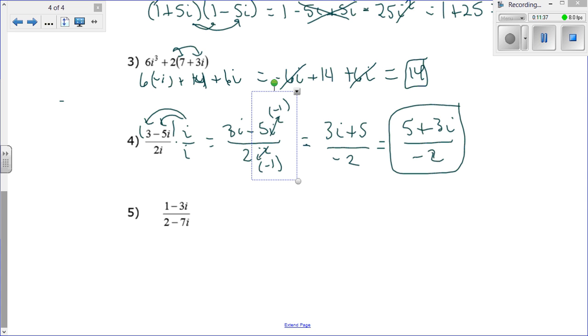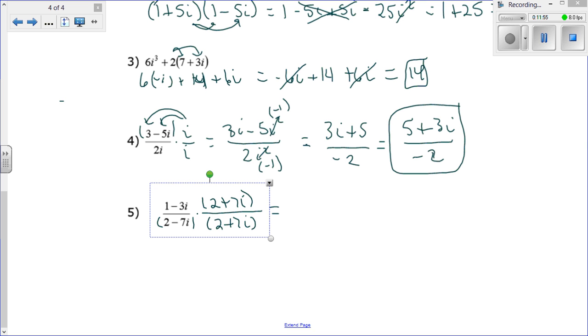And finally, for the last problem, again, we have to multiply by the conjugate. Because I have a binomial denominator, my conjugate is 2 plus 7i. On the top, I need to FOIL. 1 times 2 is 2. 1 times 7i is plus 7i.